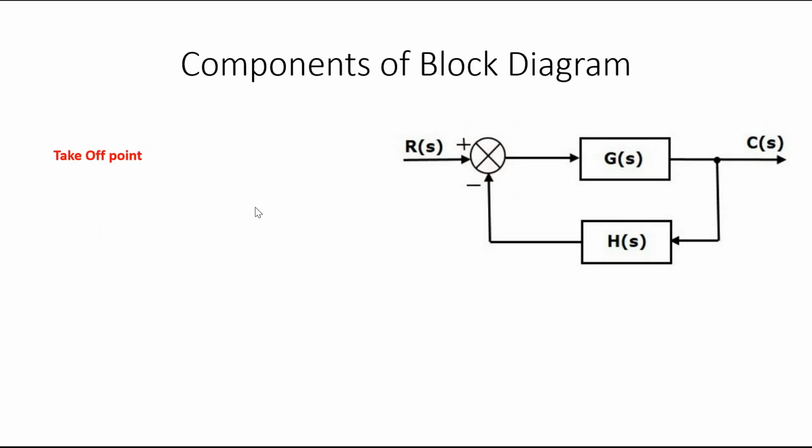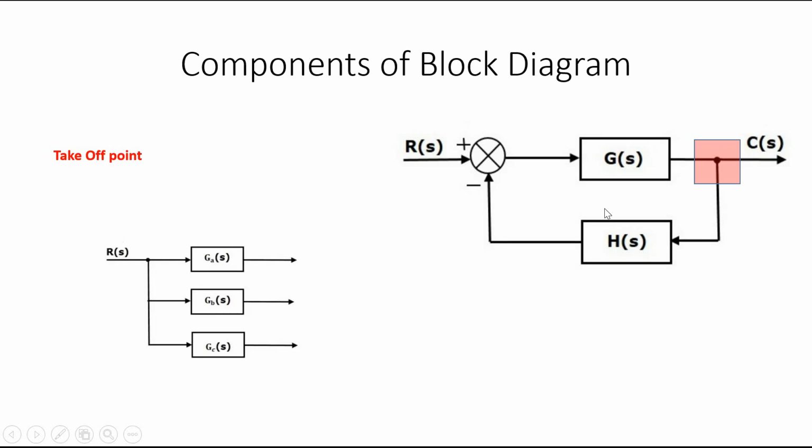And the last component is the takeoff point. So this is the takeoff point. The takeoff point is used to take the same signal as the input of other blocks. Say here this same signal is taken as the input of these three blocks.